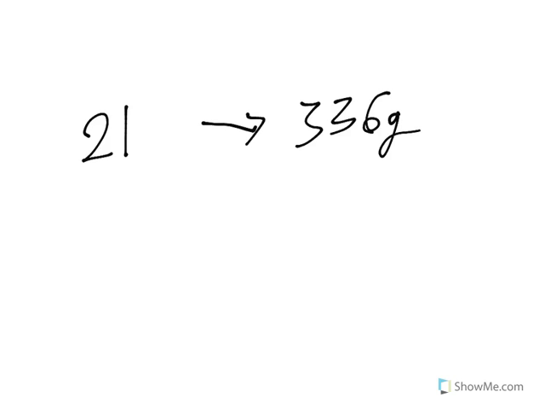So the way in your book is maybe less complicated than the way I showed you before, right? 21 sweets weigh 336 grams. So what the book is saying, we'll divide by 21, right? 21 divided by 21 equals 1.